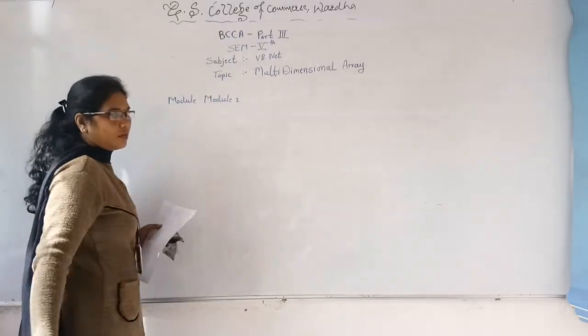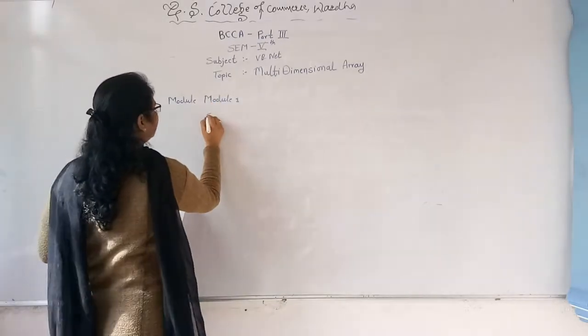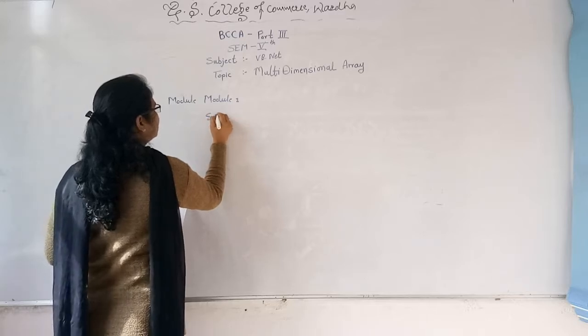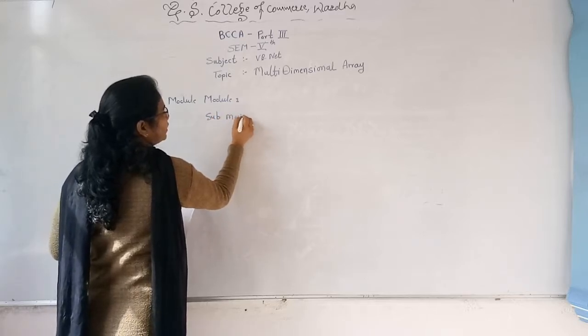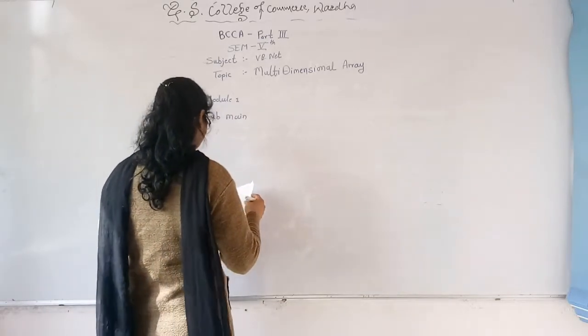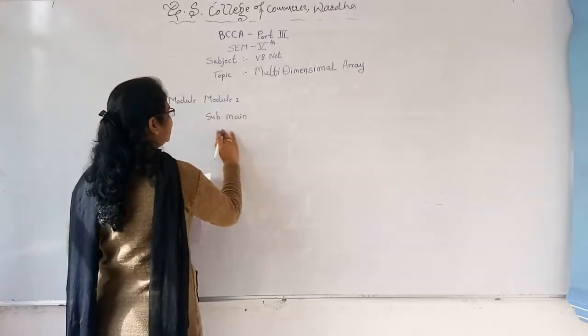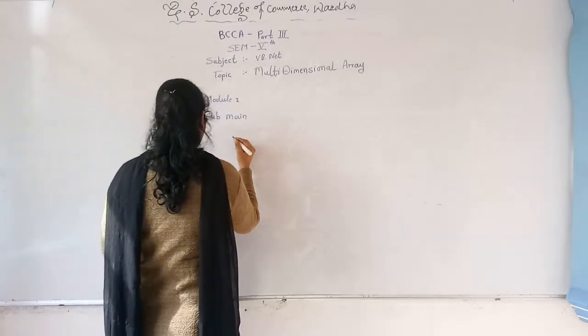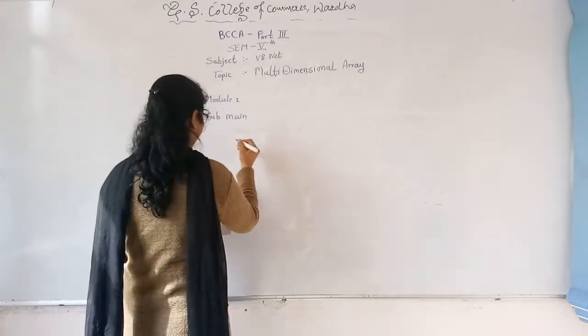This is the basic step of a programming. Then Sub Main, it is a function, in that we define our program. It is nothing but the execution of a program.